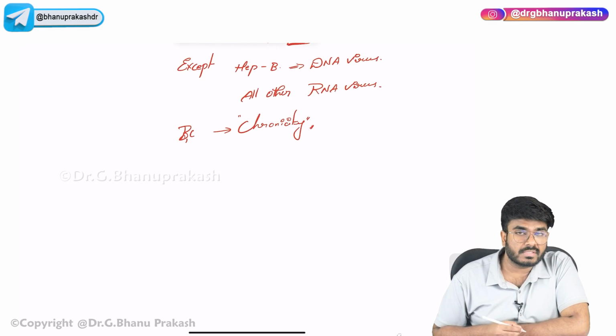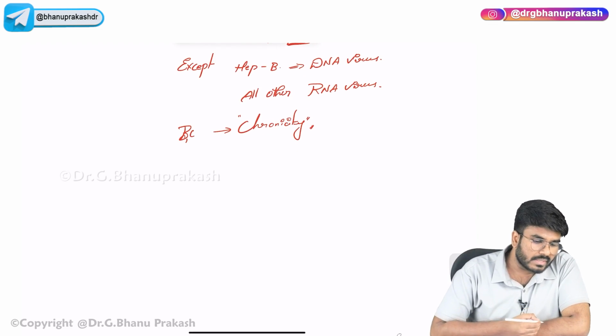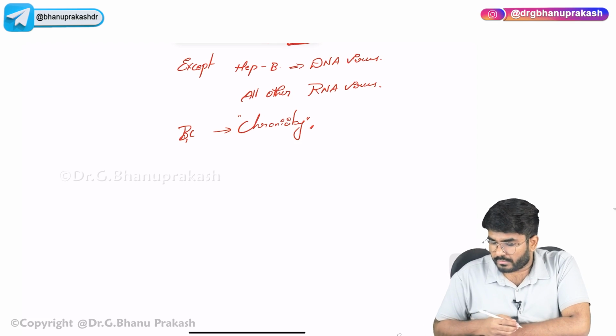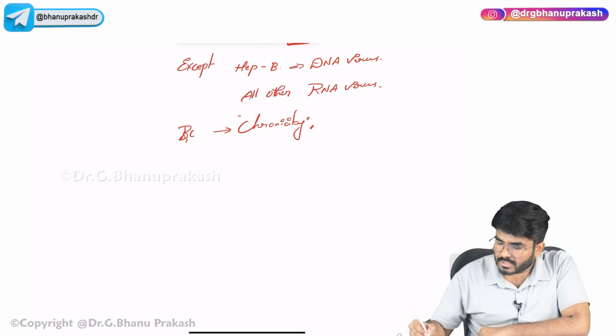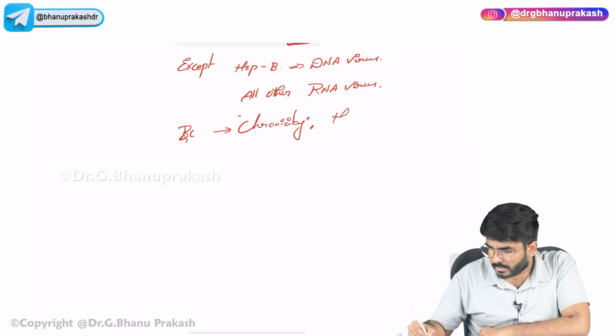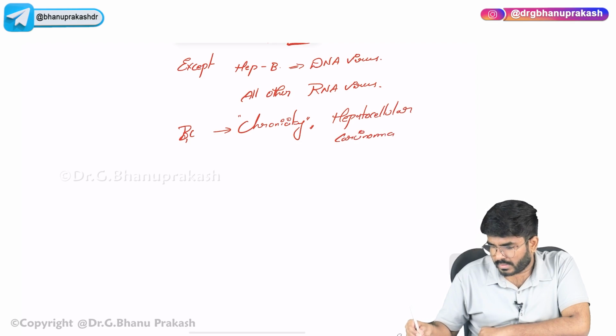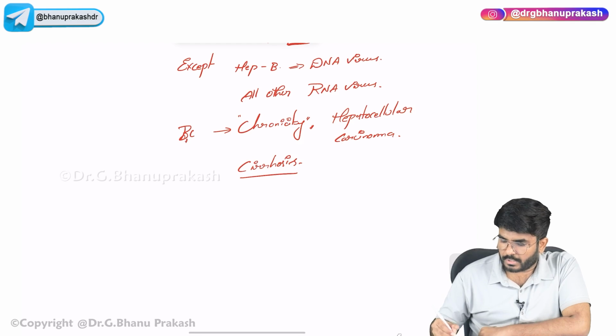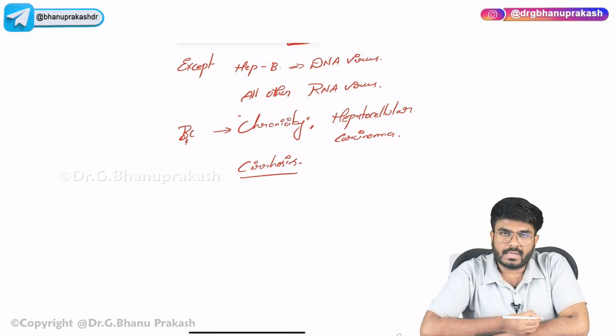They can even increase the risk of cancer. So there is a chance of chronic inflammation, and there is a risk of cancer, hepatocellular carcinoma, and a risk of cirrhosis. So with B and C, not with the others, not with A, D and E.